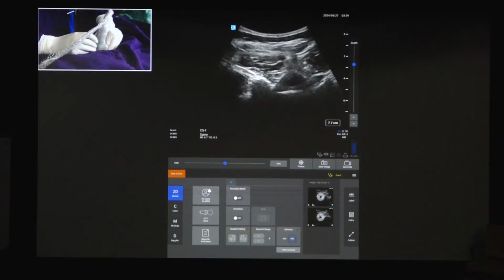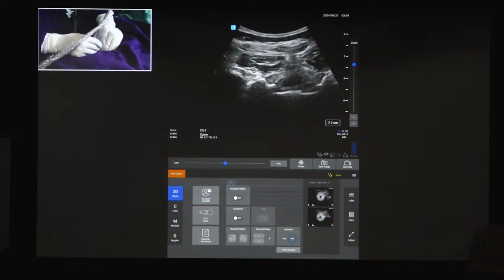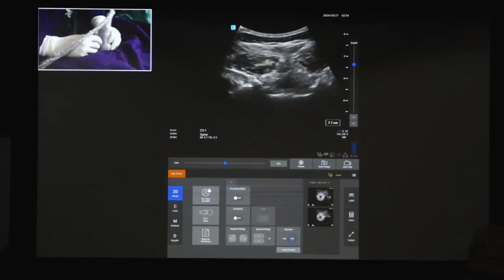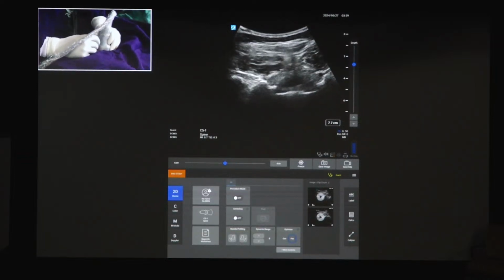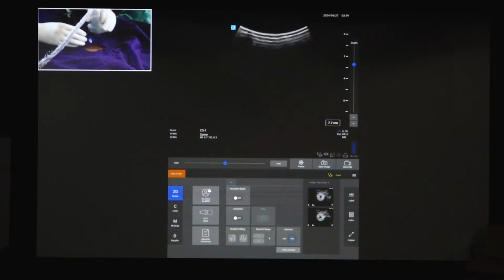So I'm just hitting the superior part of the sacral foramina here. And we'll just take a shot in the fluoroscopy once.